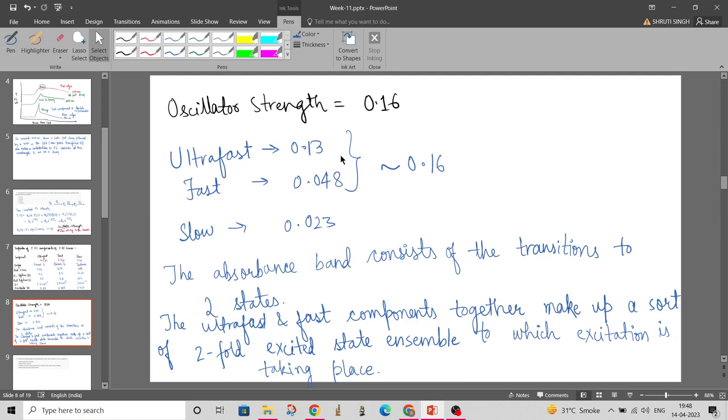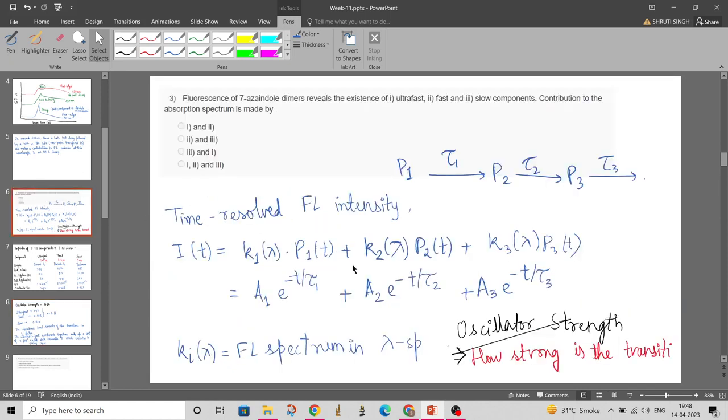So only the fast and the ultrafast components are contributing to the absorption spectra. So the answer should be the ultrafast and the fast component, 1 and 2. I hope the question is clear now.